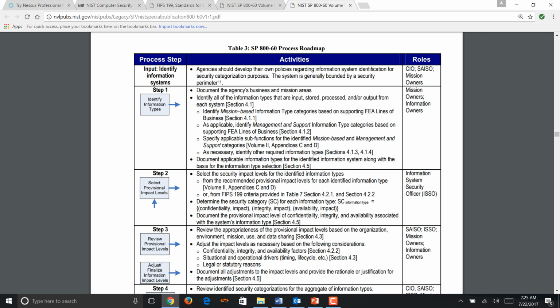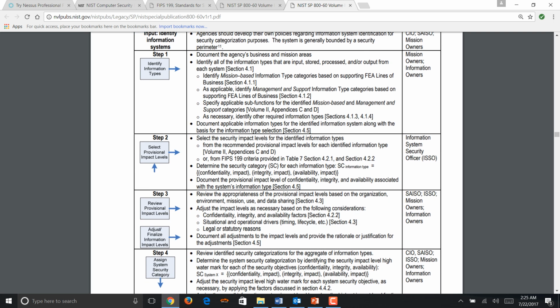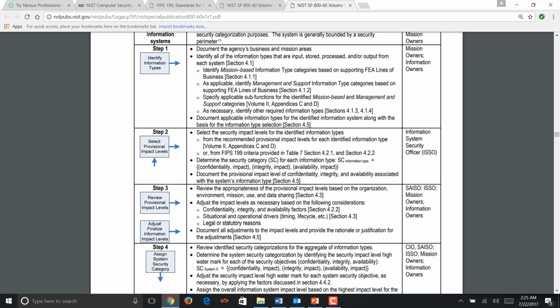Step 3 says review the appropriateness of the provisional impact level based on the organization's environment, mission, use, and data sharing. Adjust the impact level as necessary if there is the need, and document all adjustments to the impact level and provide rationale or justification for that.